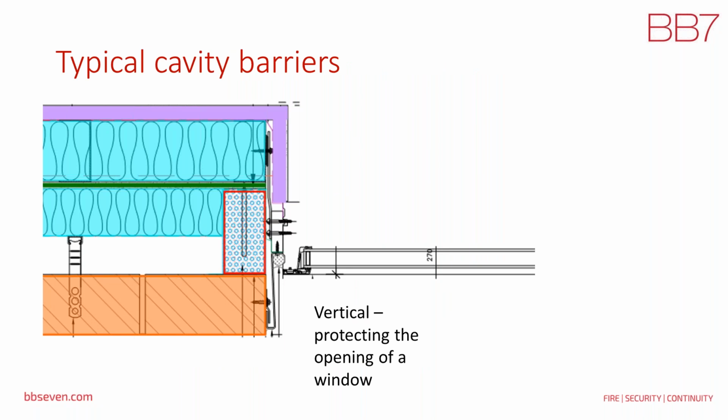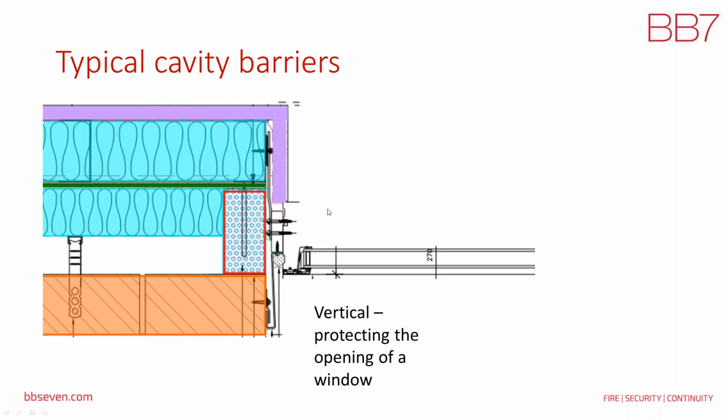Okay, so now we'll look at a plan view. A window and the side of the window, known as a window jamb, and we've got a lightweight steel frame system construction that's been infilled with insulation. You've also got insulation in the front cavity. Again, you've got a brick outer leaf, and you can see that this time there's a cavity barrier acting as the fire protection to the cavity itself.